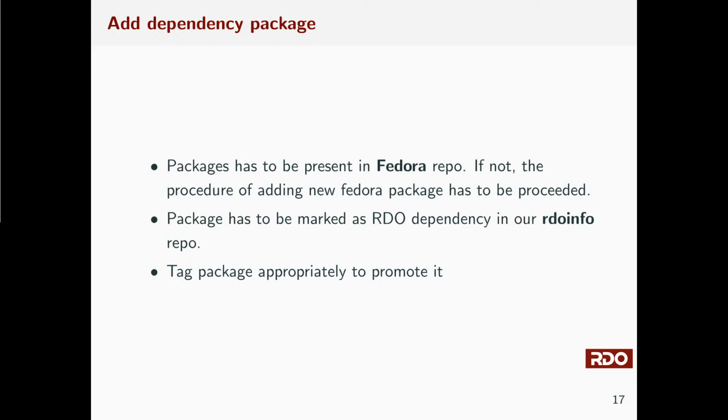And this is basically how I became a Fedora packager. Then, if we have such a package available, the package has to be marked as an RDO dependency in the RDO info repository. We just have to say that, hey, this dependency is now our dependency, we will use it. And then we have a procedure of tagging and promoting, which I will explain later.